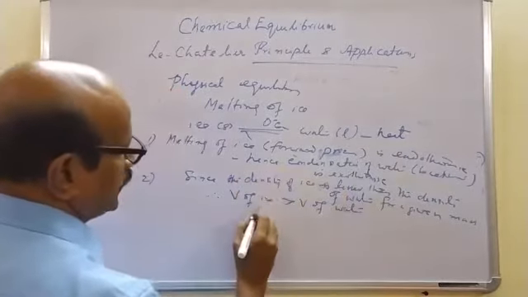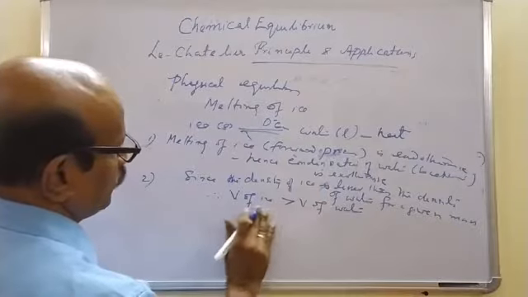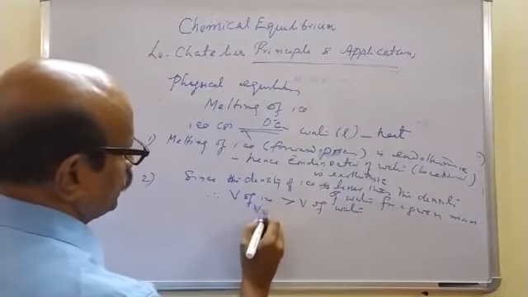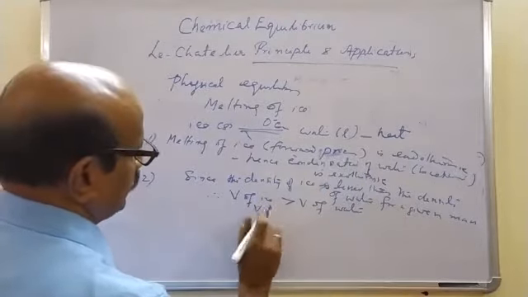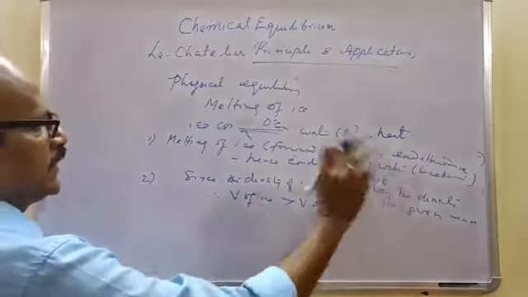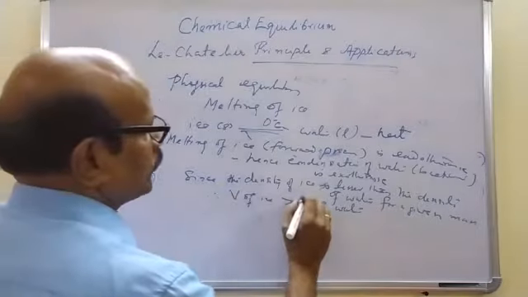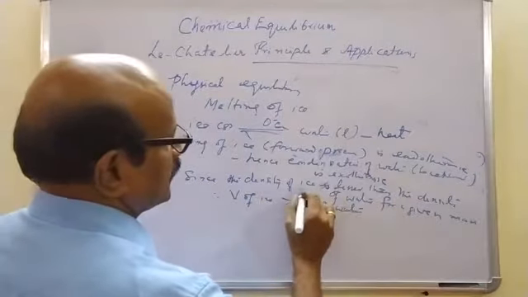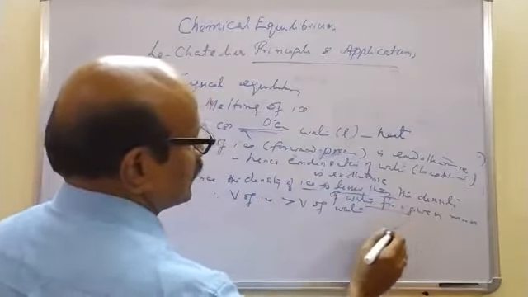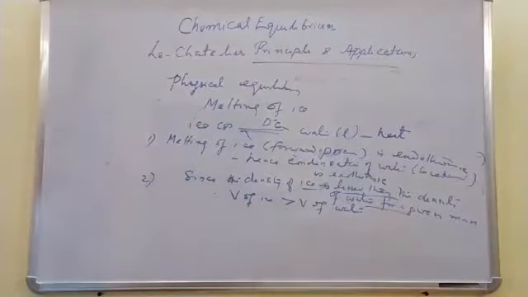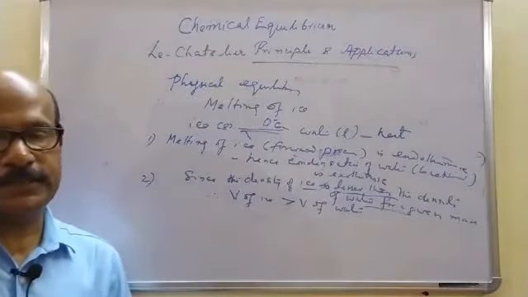Okay, V of H2O, V ice is greater than V of water. The കാരണം density of ice is lesser than the density of water.